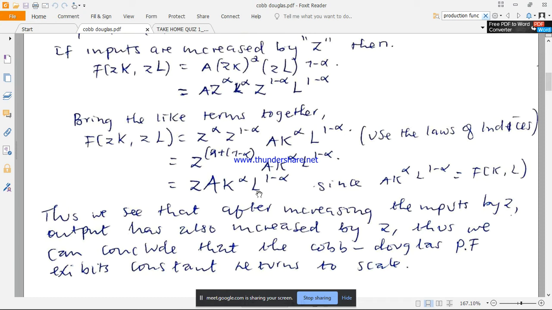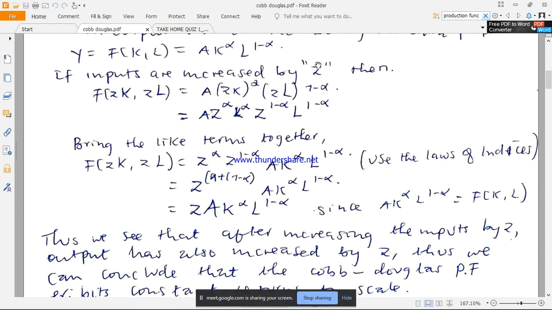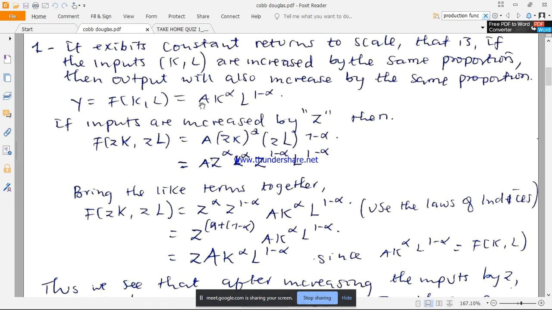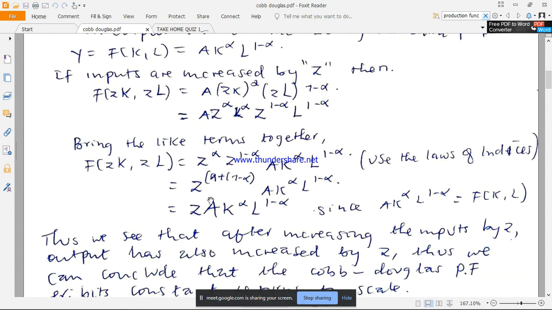Now, since we increased the inputs by Z, our output has also increased by Z. Because initially, before anything was done, we had A K raised to the power alpha, L raised to the power 1 less alpha, which is this part.